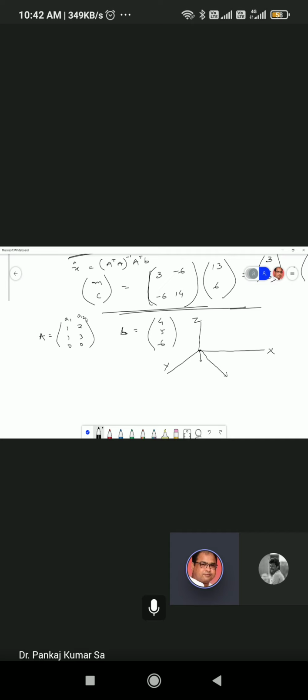And this is the column vector. This is A1, let us say. This is A2, let us say. Okay. So this is A1, this is A2, and I have a vector B 4 5 6. So somewhere here, B 4 5 6. Let me not take that big. The projection of this particular vector will also be in the xy plane.